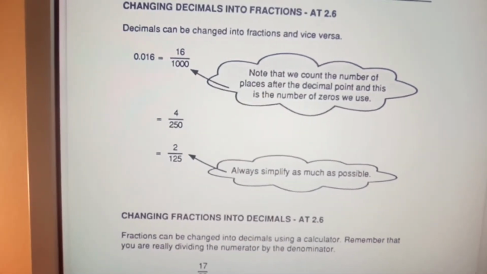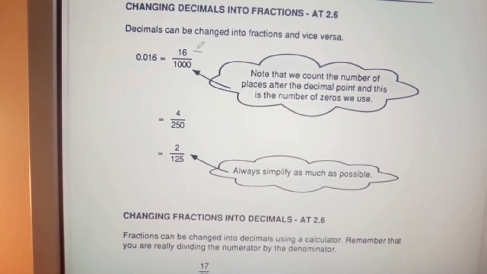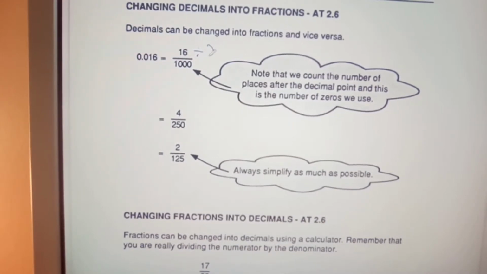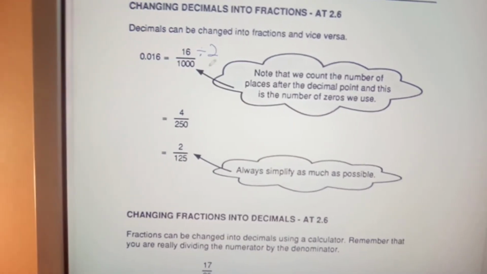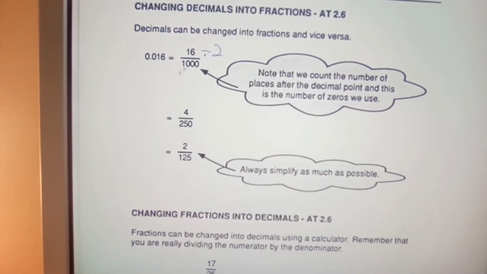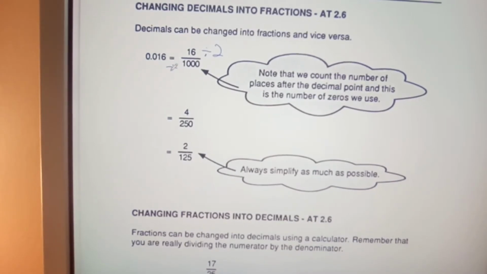Right, so if we look at this, we divide 16 by 2. That's the divide sign. We do the same thing here. We divide 1000 by 2.